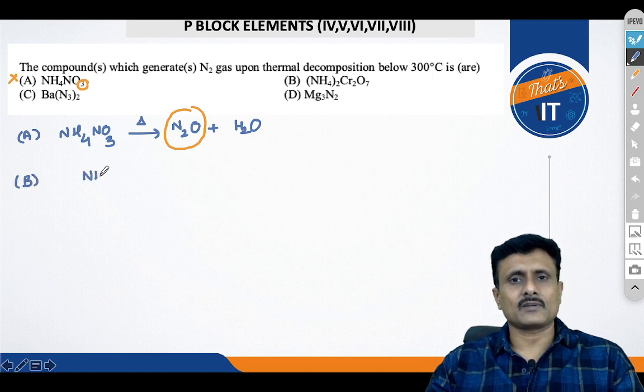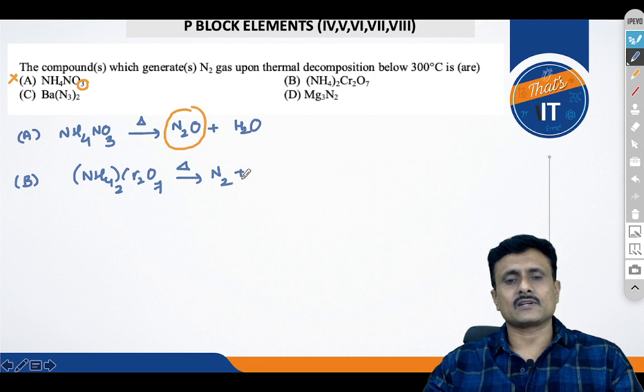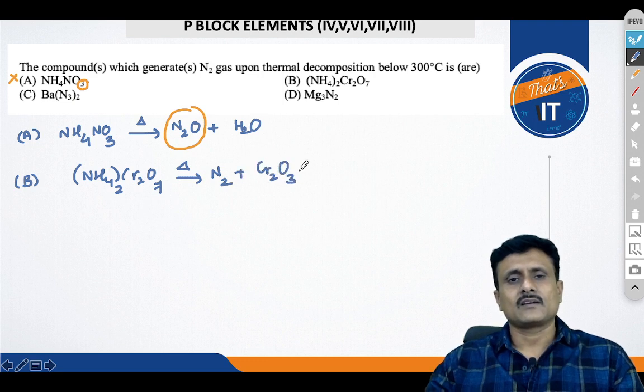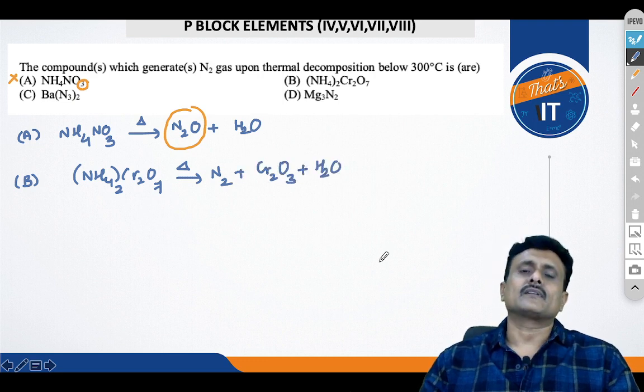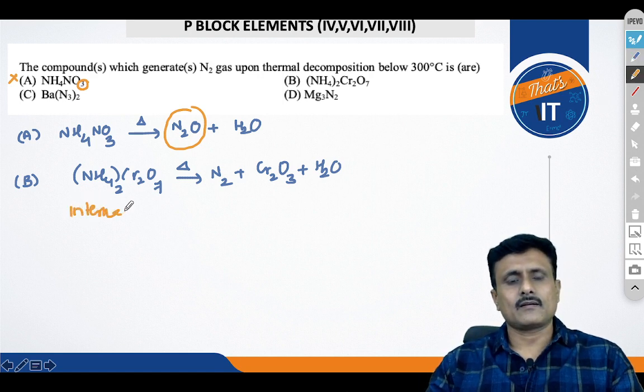Now you can see ammonium dichromate. You study this in the basic properties of the dichromate or ammonia. You know that this upon strong heating gives rise to N2, Cr2O3 and H2O. Alright, this is an internal redox reaction. That means what?